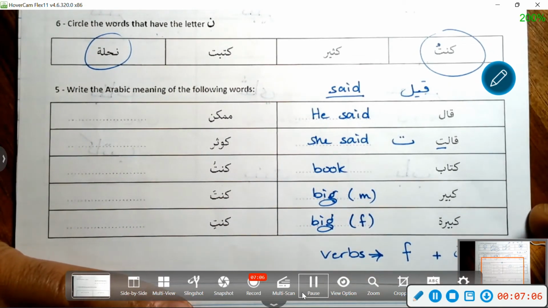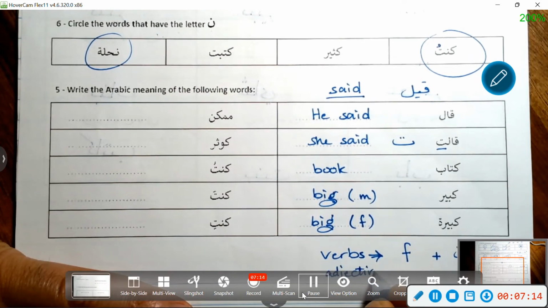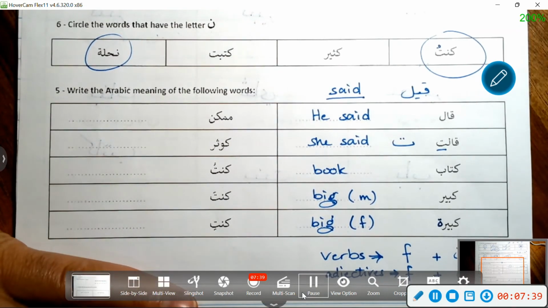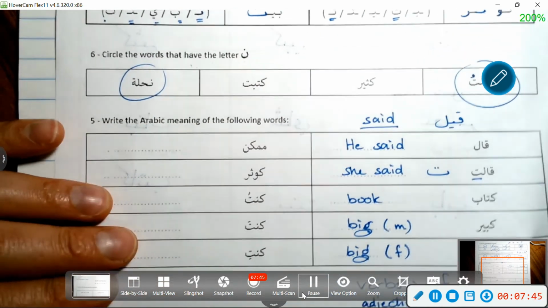So the words usually, if they're nouns or adjectives, to convert them into feminine form you add تاء مربوطة. كبير بتصير كبيرة, صغير بتصير صغيرة, طويل becomes طويلة, قصير becomes قصيرة. And تاء مربوطة at the end of the word is not actually pronounced ta. It's pronounced ha. We're going to talk later about that when we arrive at the letter ta مربوطة.